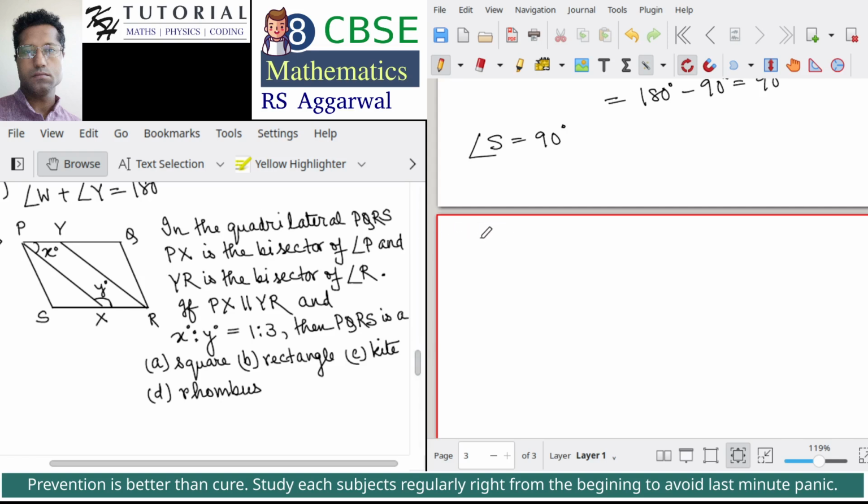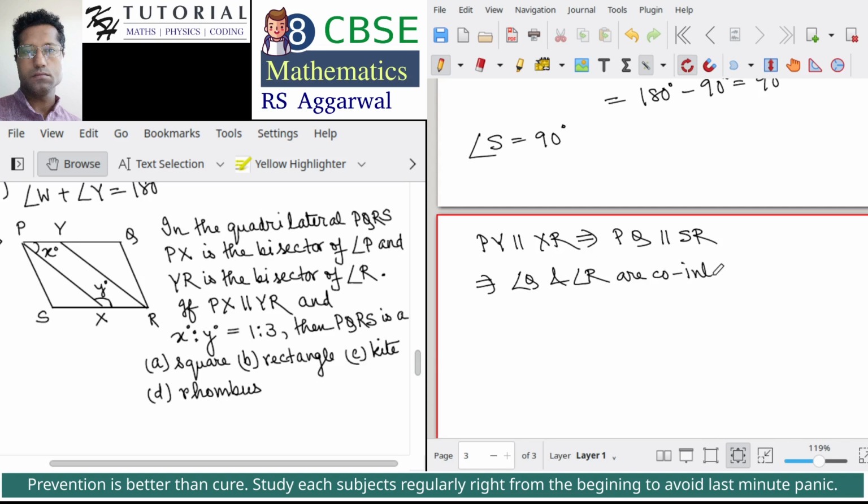Now, it is given that PY is parallel to XR, please refer to the diagram on the left hand side. PY is parallel to XR will imply that PQ is parallel to SR. So this will imply that angle Q and angle R are co-interior angles.